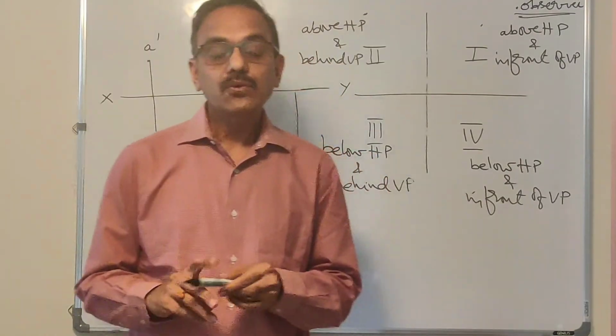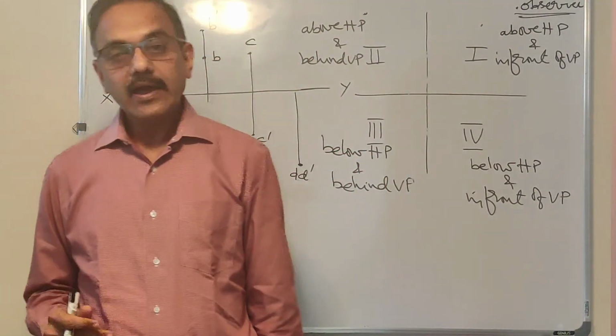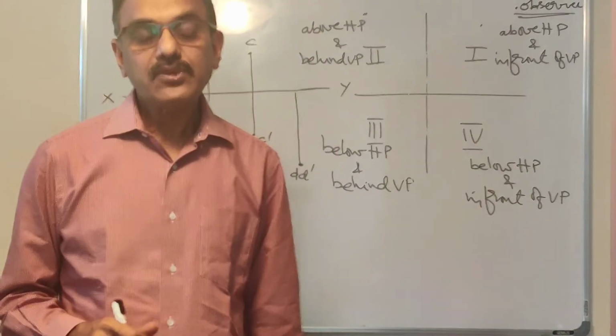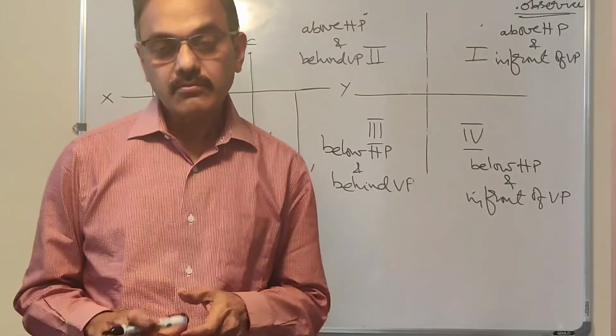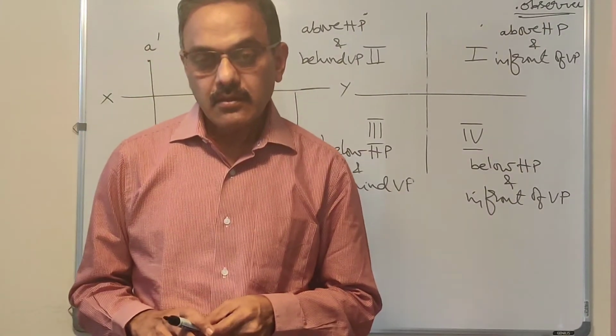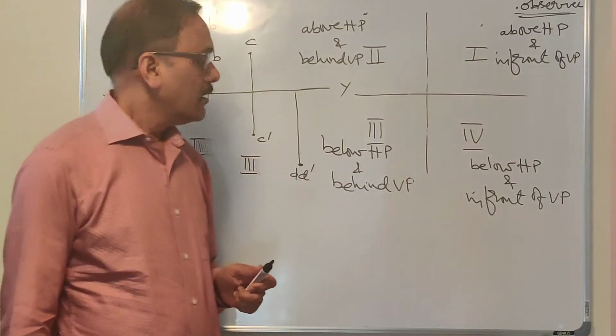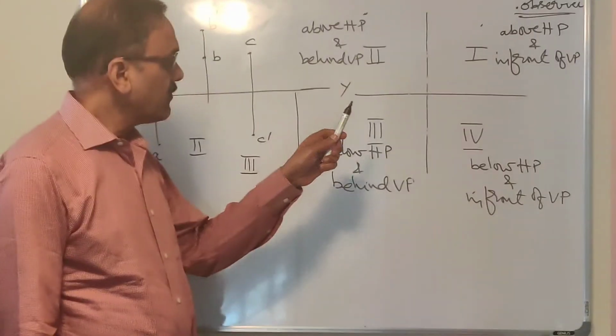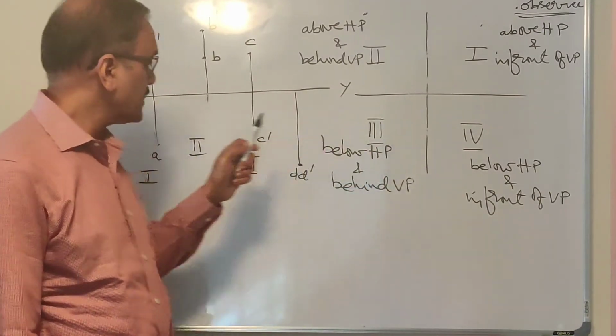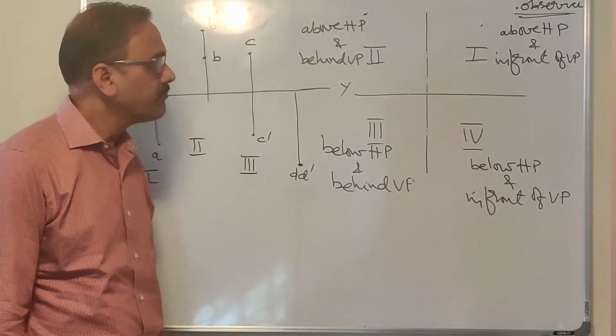Now let me explain why the second angle and fourth angle projection methods are not followed. There are two reasons for this. One reason let me explain from this sketch, and the second reason I'll explain from this sketch.